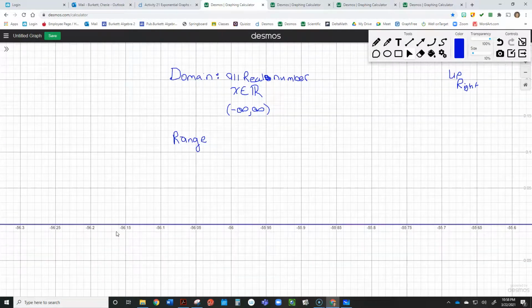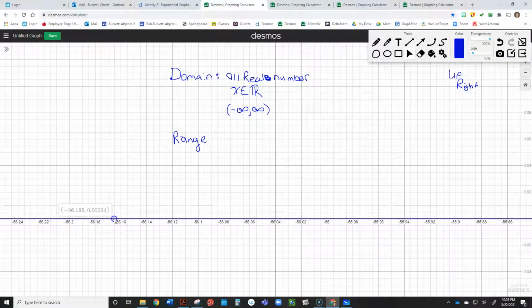I may be going the wrong way. Yeah, no, there it is. So if I zoom in close enough and get my y axis really stretched out, I can see that even out here at negative 56, while it said 0 a while ago, it doesn't say 0 now.